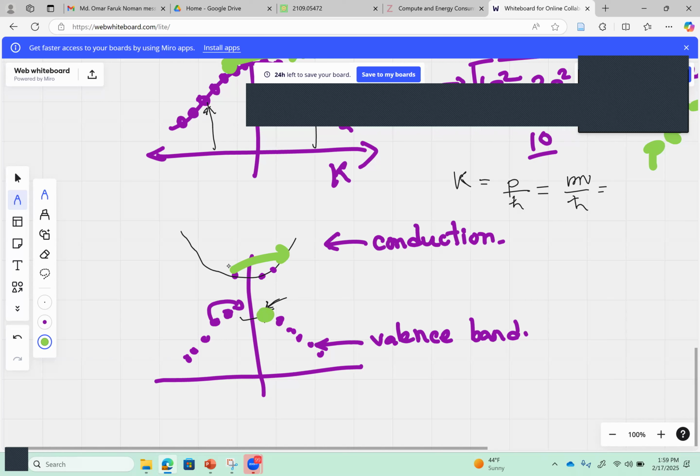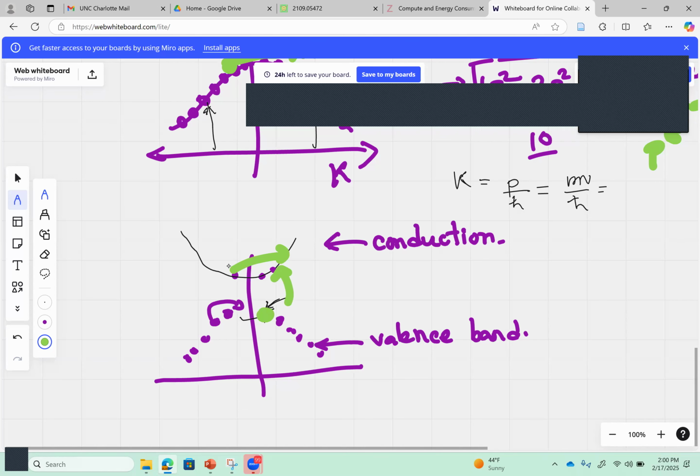When you apply some light, the electron can absorb some energy from the light, and it can go from the valence band to the conduction band. You can also apply some bias voltage in order to excite electrons to go from the valence band to the conduction band. So all we are trying to do to make something conductive is to create some empty states, okay, so that electrons can flow.